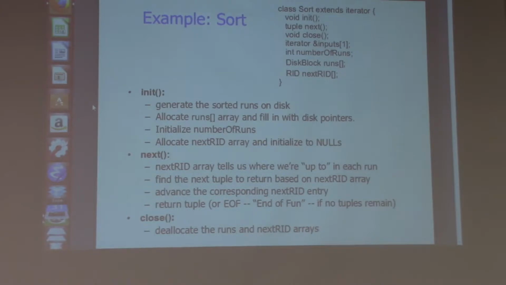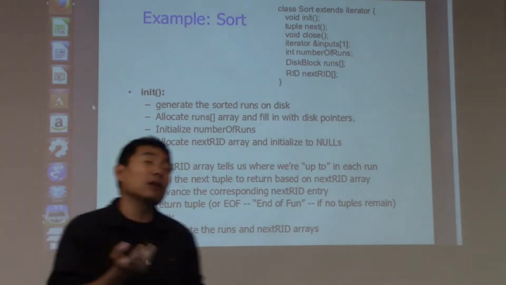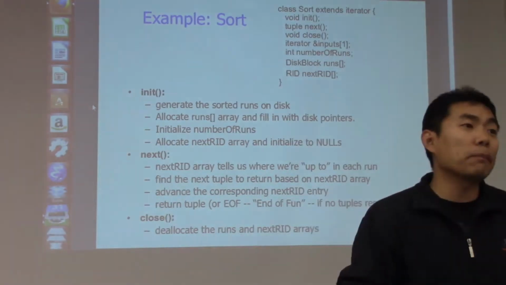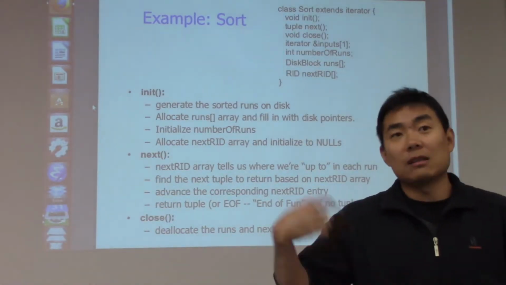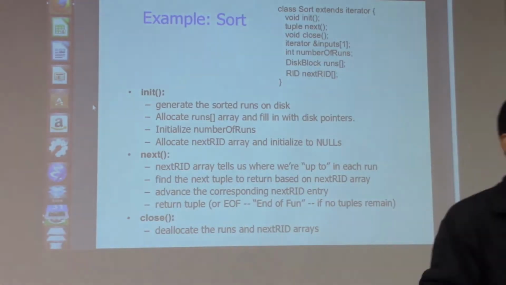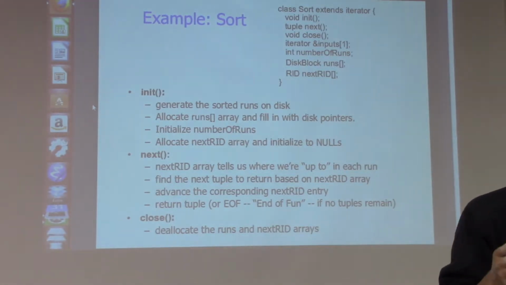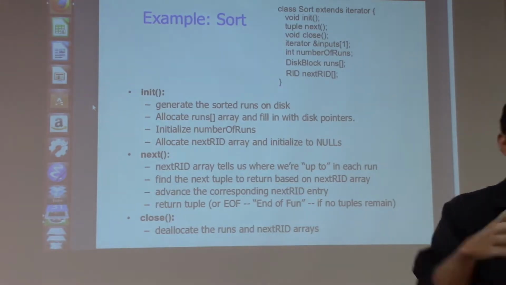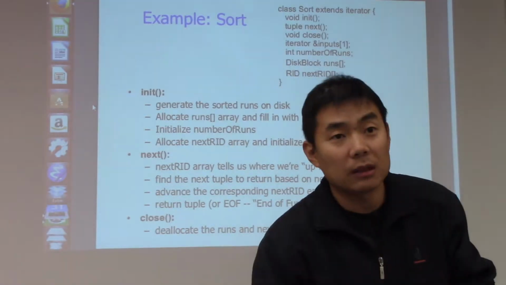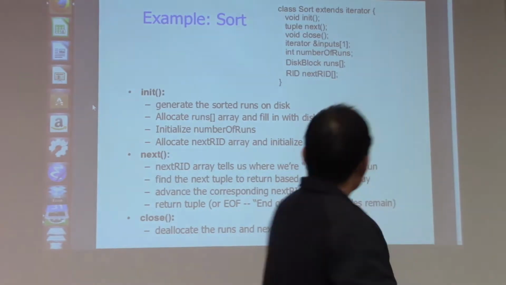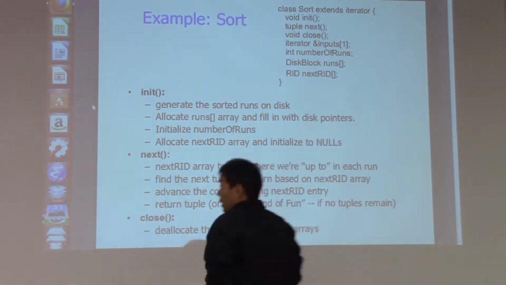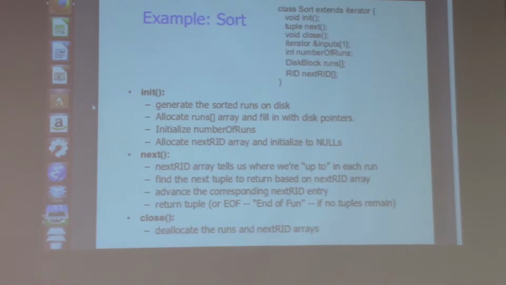To give you an example of sort, actually, you will do both: you implement the single table iterator and the multi-table iterator. Your project for the sorting is actually a single table iterator, which is to implement the sort operator over a single table, the external sort. Okay? So this will be a realization of the iterator interface for the sort operator.